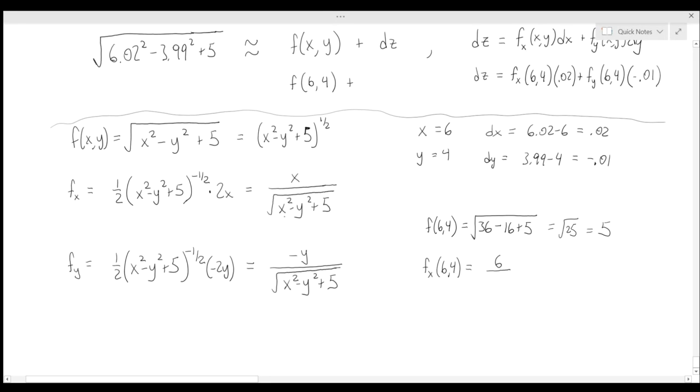And when I plug in 6 for x and 4 for y, we kind of already saw that it ends up being 5 in the end. Okay, so then fx is just going to be 6/5. And when I plug in 6 and 4 into fy, we're going to get -4 in the numerator. And then again, we already saw that the square root in the denominator is all going to be 5 in the end. Okay?